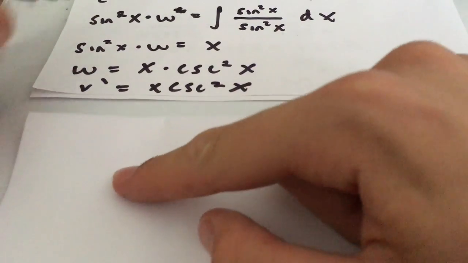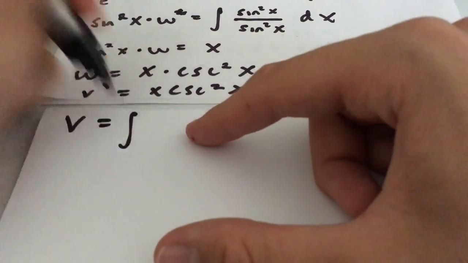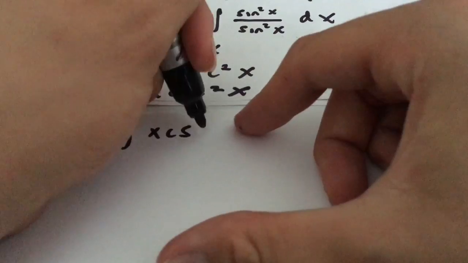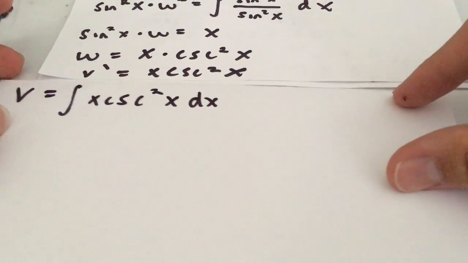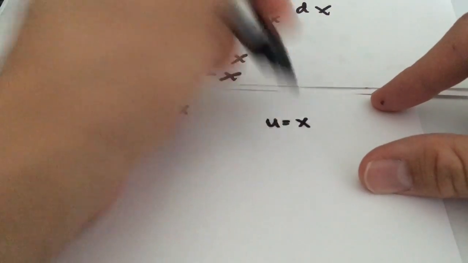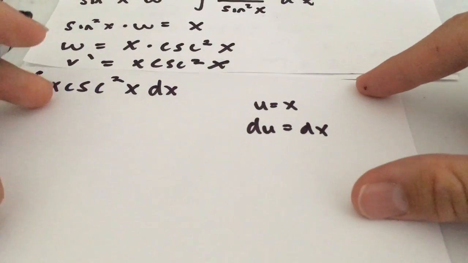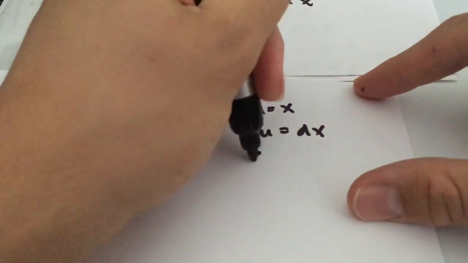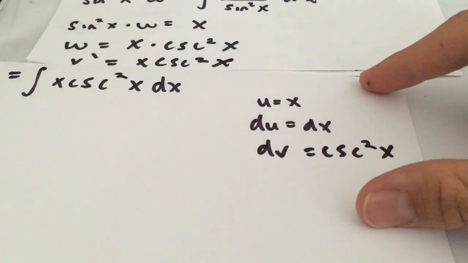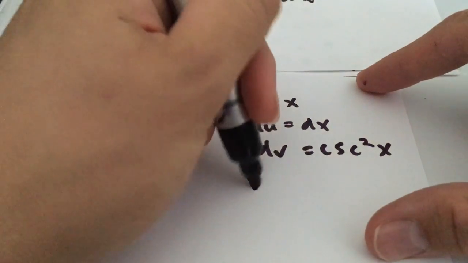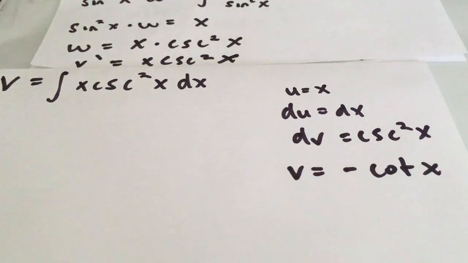And so v equals the integral of x cosecant squared x dx. And so our u will be x, our du will be dx, and our dv will be cosecant squared of x, and our v will be negative cotangent of x.